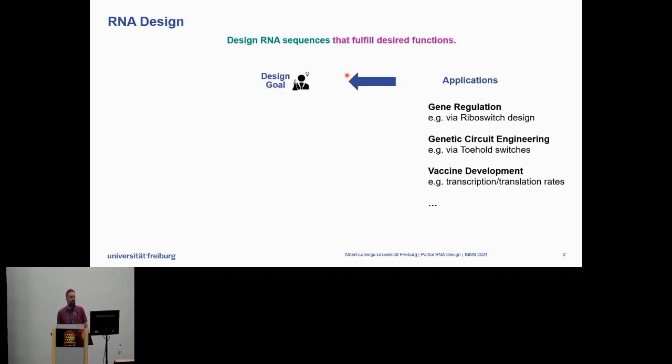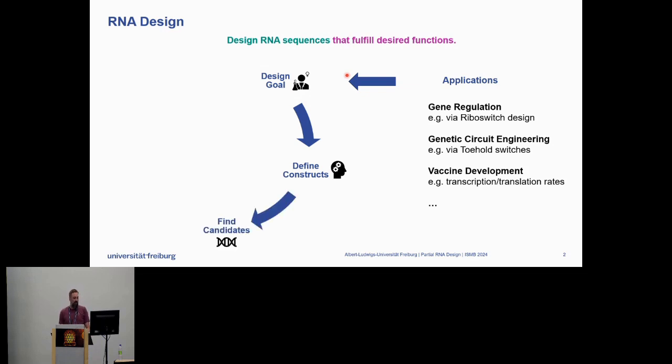But on the other hand, of course, there's this process of designing RNA sequences where we typically start from a certain design goal. And this is strongly connected to our application. So, for example, we might want to have a sequence at the end that folds into a certain structure. Then, of course, we need to define some constructs. We need to define properties that we would like to have, or define the structure that we would like to have at the end.